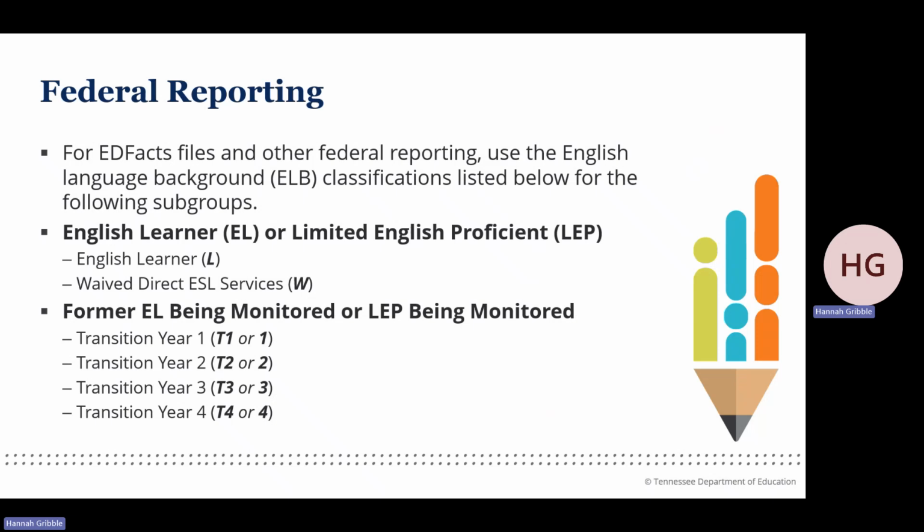English Learner or Limited English Proficient means English Learner or Wave Direct ESL services. Former EL being monitored or LEP being monitored is Transition Year 1, 2, 3, or 4.